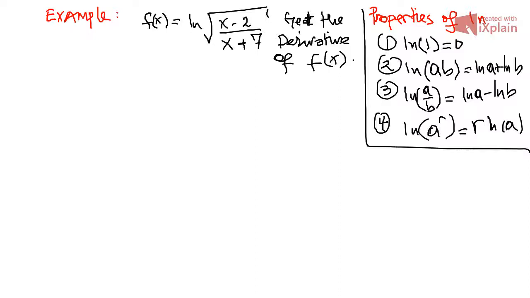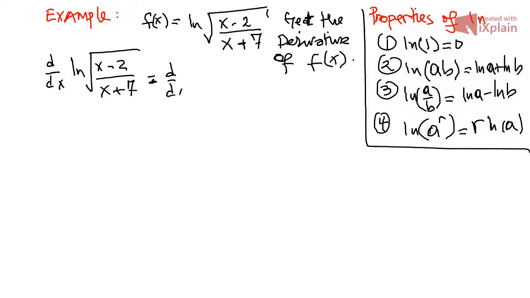Okay, first thing you need to do is write d over dx of your function f of x, which is natural log of the square root of x minus 2 over x plus 7. Now I'm going to go ahead and rewrite the square root as a power of 1/2.